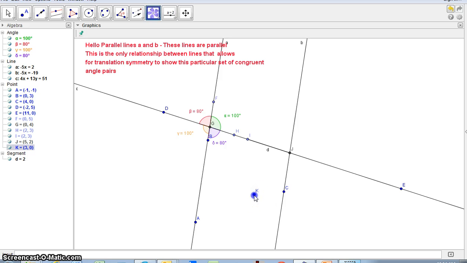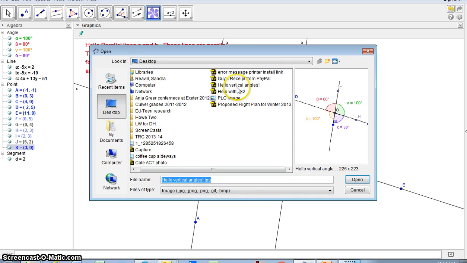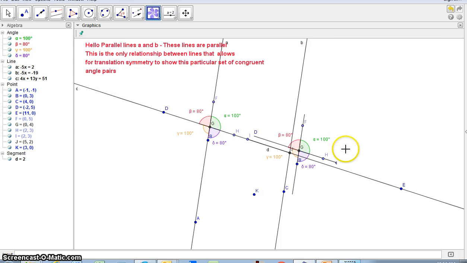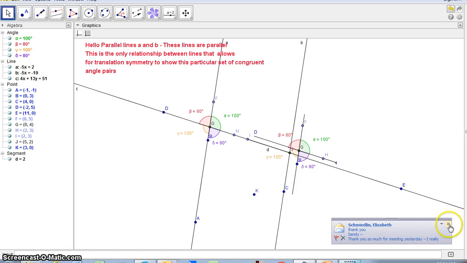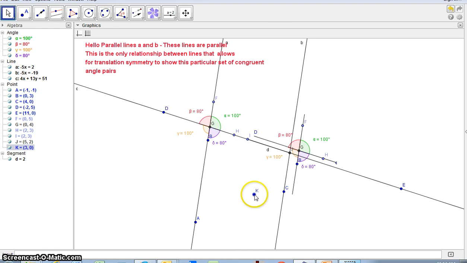Image, insert, hello vertical angles. It's close-ish. And I wonder if moving this point, there's a great idea. Let's move this point. Oh yes, that's perfect. Okay, check it out.